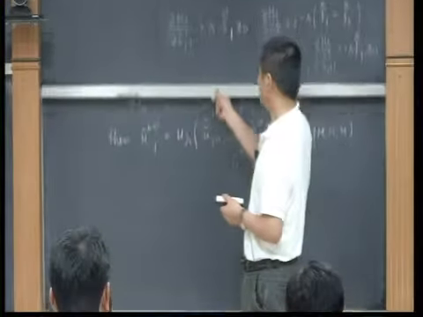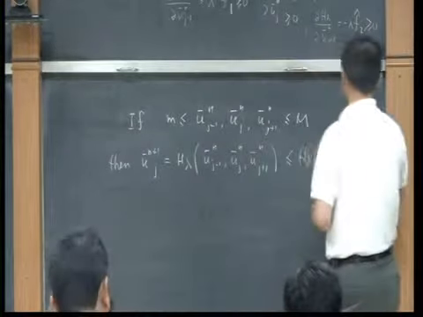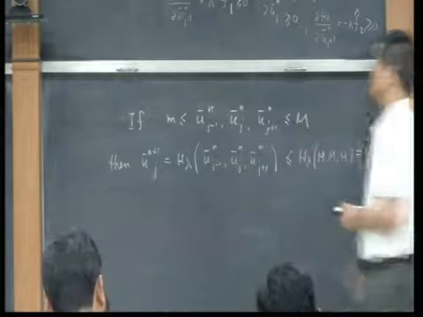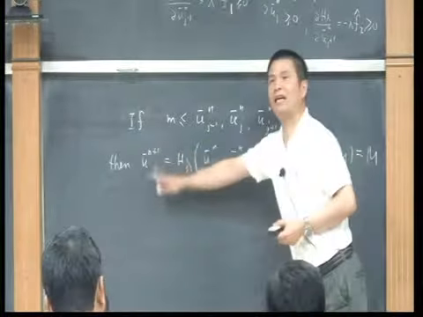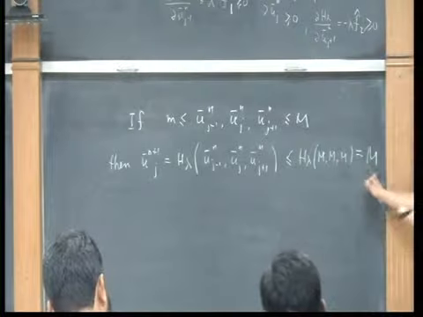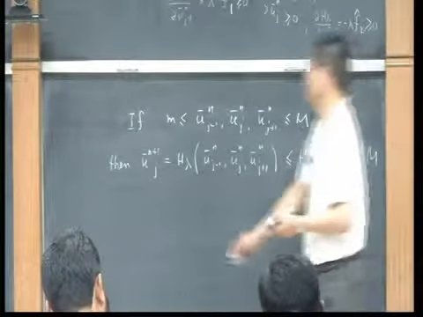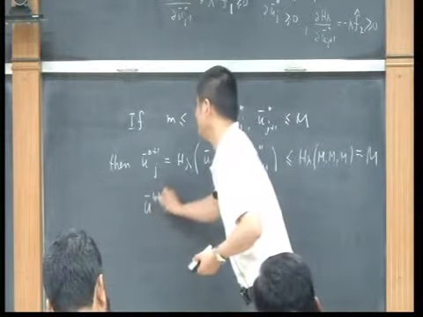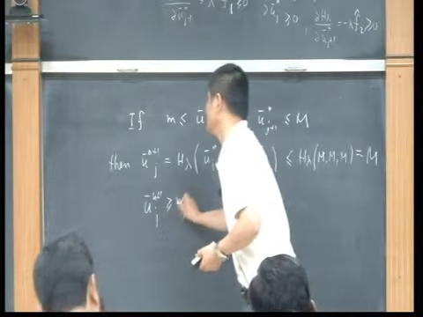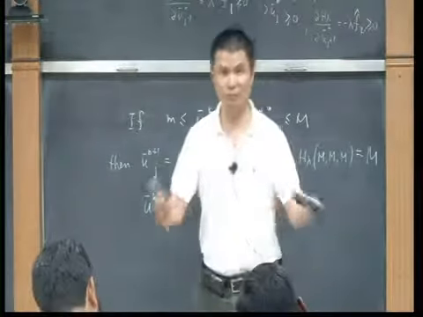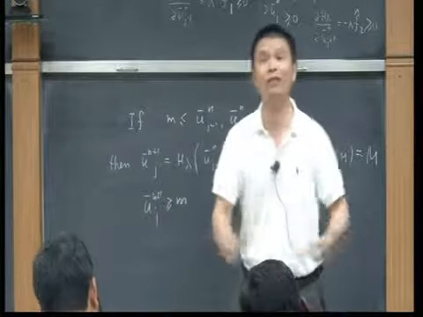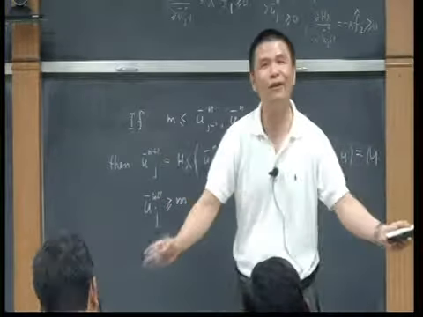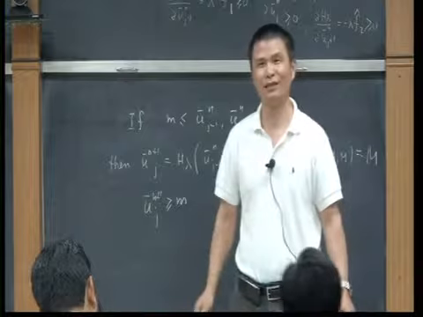So if you put all 3 guys to be the same, you get M back. So u bar of n plus 1 j will be less than or equal to capital M. By exactly the same token, this is bigger than small m. So the Mason principle for the first order scheme is proved in a trivial sense using monotonicity.